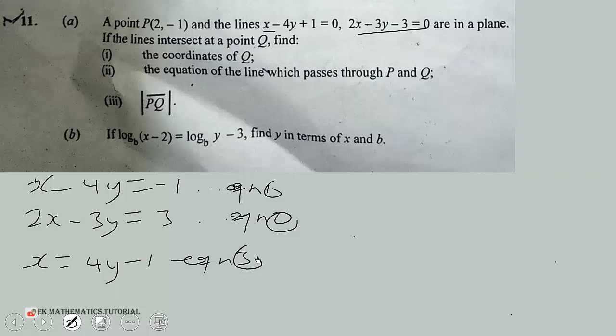So we put equation 3 in equation 2. We get 2 into brackets: wherever I see x, I put 4y minus 1, minus 3y is equal to 3. So let's expand. 2 times 4y is 8y, minus 2, minus 3y is equal to 3.